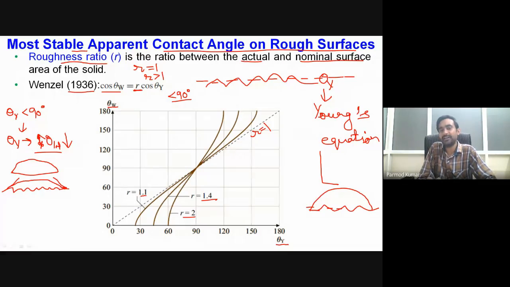However, above 90 degree, the Wenzel contact angle is coming more in comparison to the given value of theta y. So from here we can conclude that roughness enhances the wettability characteristics of the surface when our angles are less than 90 degree. If the angle is greater than 90 degree, then it reduces the wettability characteristics.